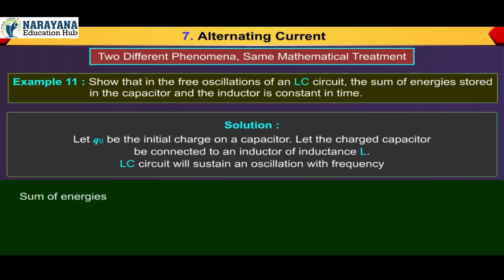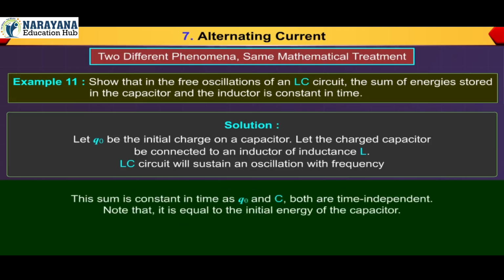Sum of energies UE + UM = Q0²/2C (cos² ωt + sin² ωt) = Q0²/2C. This sum is constant in time as Q0 and C are both time independent. Note that it is equal to the initial energy of the capacitor.